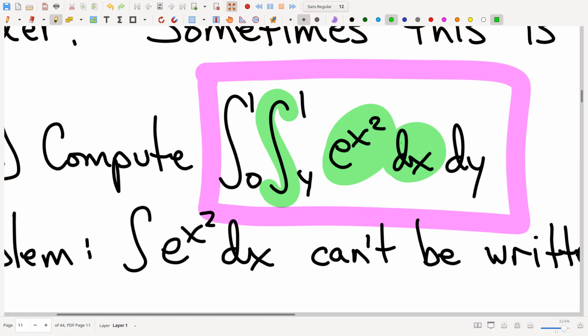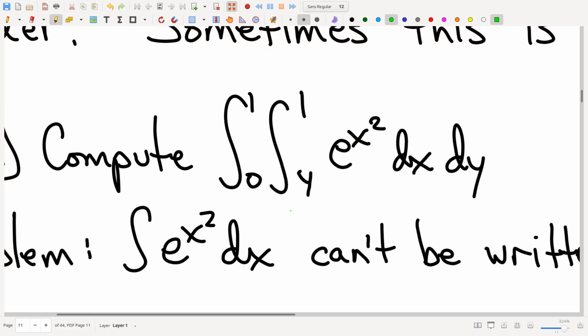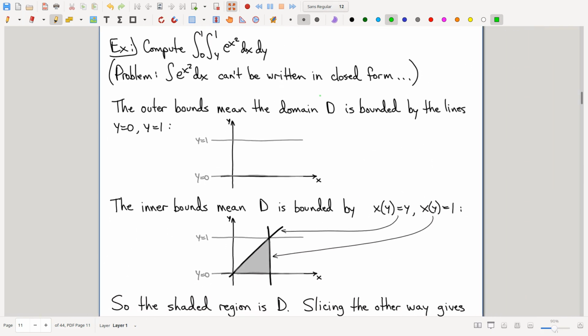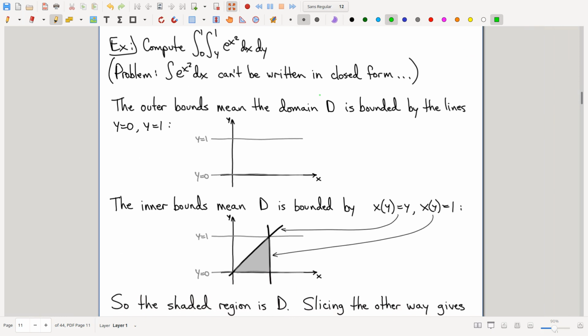The clever trick is simply to observe that this iterated integral actually comes from a double integral over a domain, and you can just draw the domain.